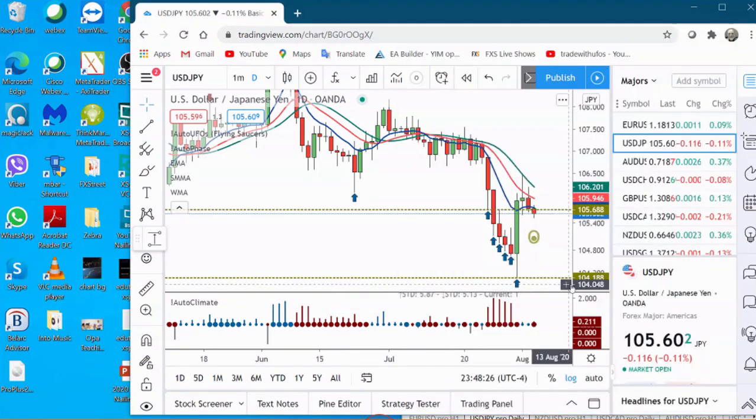Our stop is going to be at 104. So it's 100 pips of stop. And our sell, we don't have any sell indications on here.